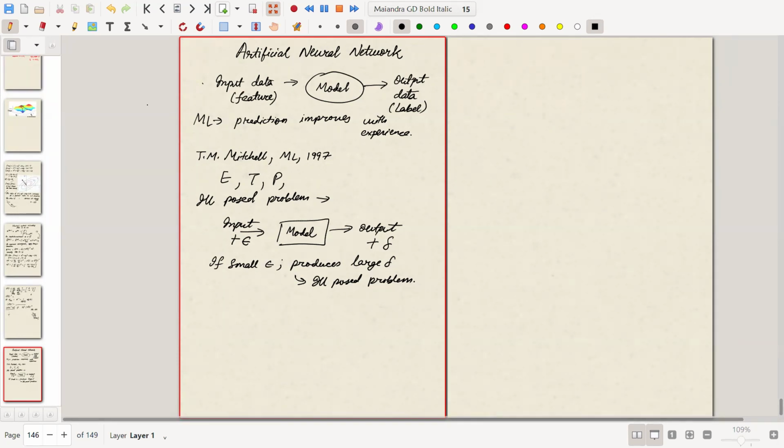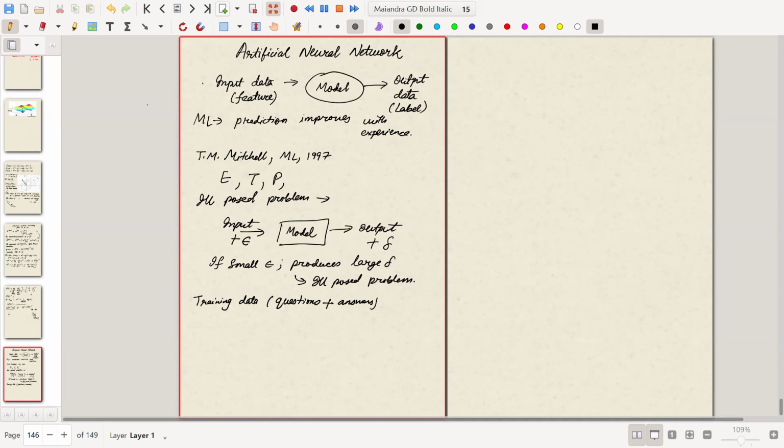In ML, a machine learning computer program uses training data. What is training data? Training data are those data sets where you know the questions, but you also know the answers. That's a training set.